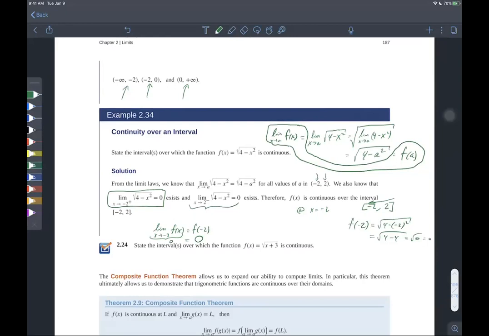Okay, and then a similar argument holds for x equals +2. And so now that we have continuity on the open interval from -2 to +2, we have continuity at x equals -2 because this holds here. And then a similar argument can show continuity at x equals +2. Putting all of this together, we get continuity over the closed interval -2 to +2.